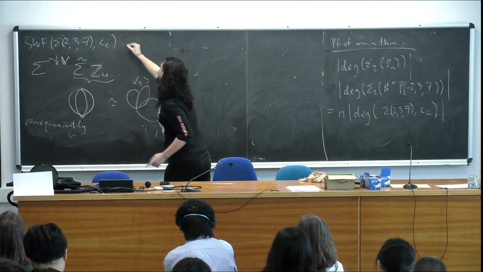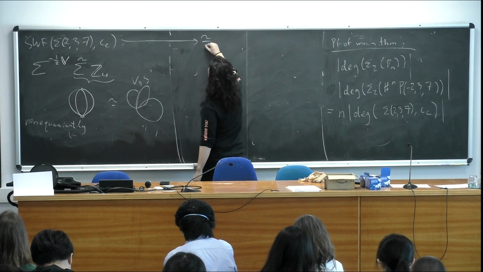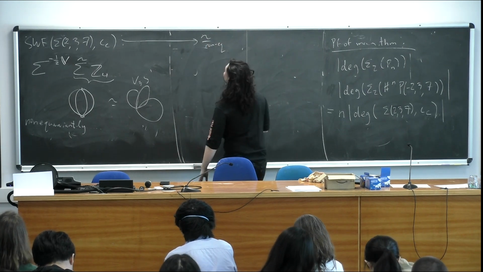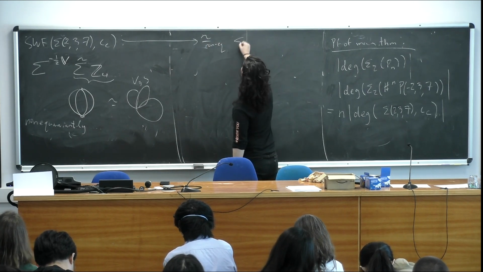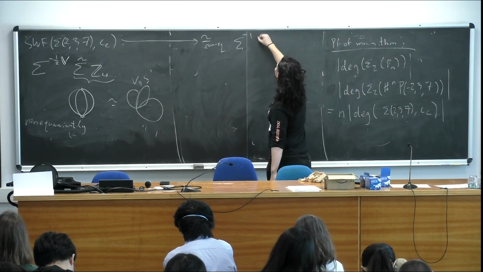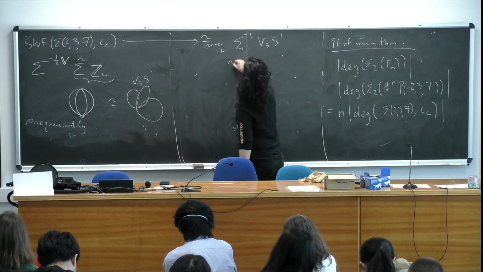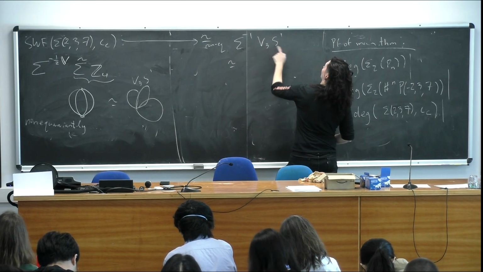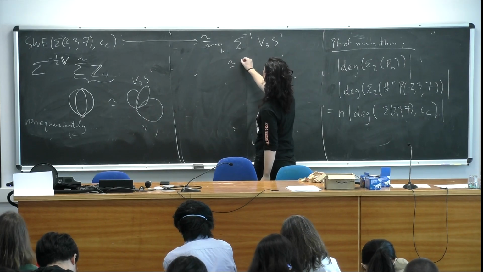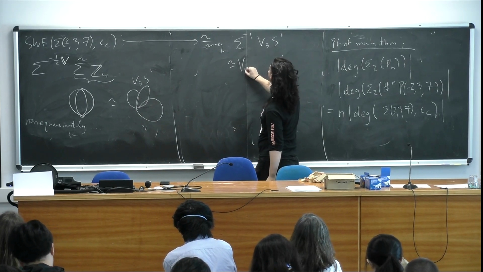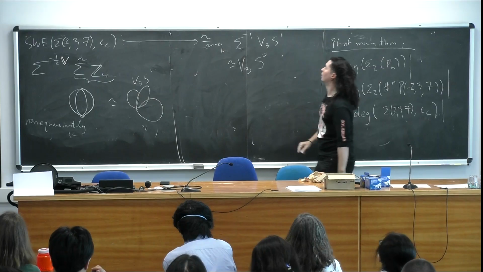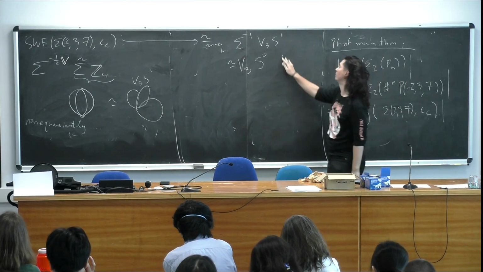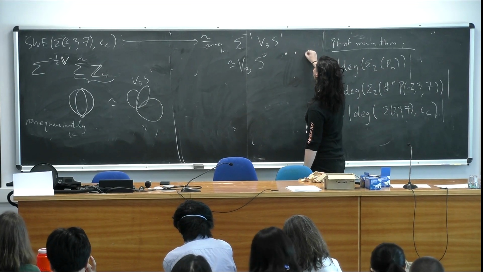And so non-equivariantly, this is homotopy equivalent to the one-fold desuspension of the wedge of 3 circles. And then I can just commute it over there. And so this is the 3-fold wedge of S0.